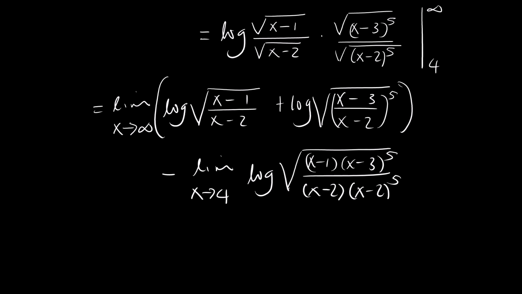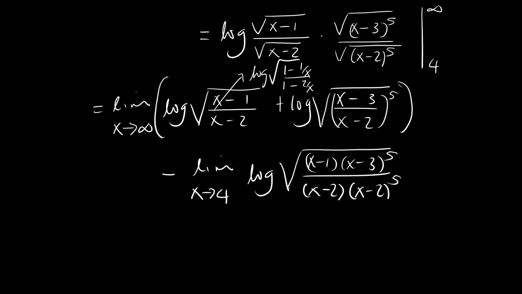So as we can see, if we divide the numerator, this can easily become log square root of 1 over x, 2 over x, and the same thing here. So essentially this can go to 1 as x tends to infinity.